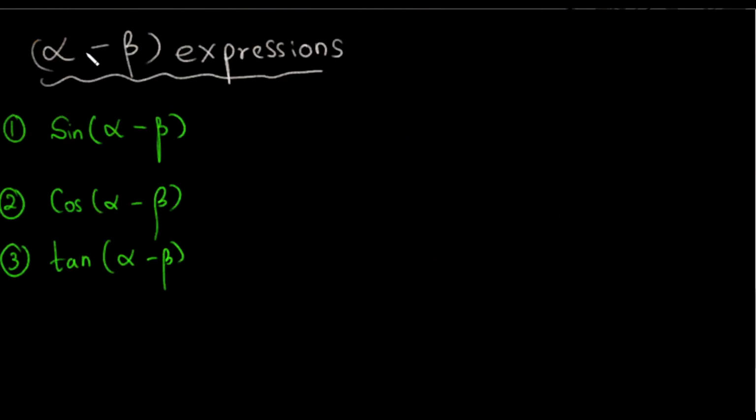Now we are going to look at the alpha minus beta expressions. One is sine of alpha minus beta, which equals sine alpha cosine beta minus cosine alpha sine beta. Previously, the alpha plus beta expression had a plus sign here, but the alpha minus beta expression has a minus.